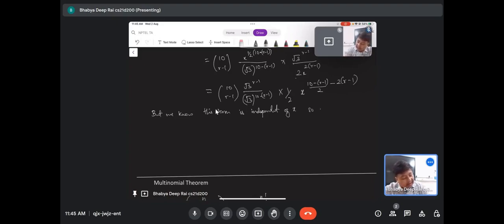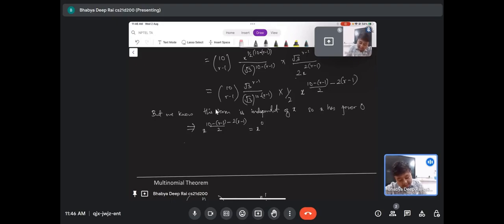So x has power 0, and we see that the only x in this term is here. So this means that whatever the power of x is, this will be 0, right? So x to the 10 minus r minus 1 divided by 2 minus 2 times r minus 1 is nothing but x to the power 0.